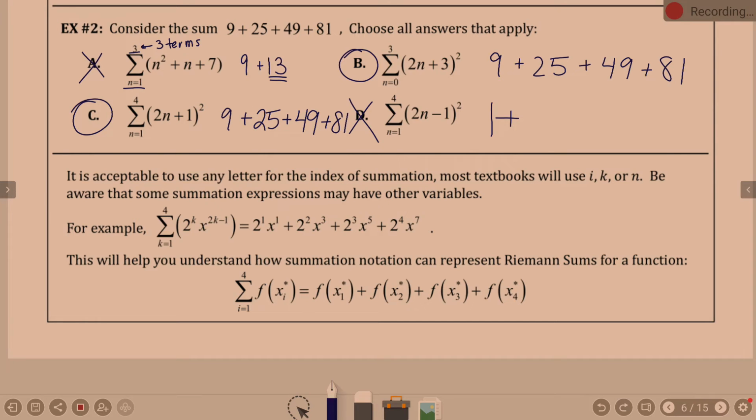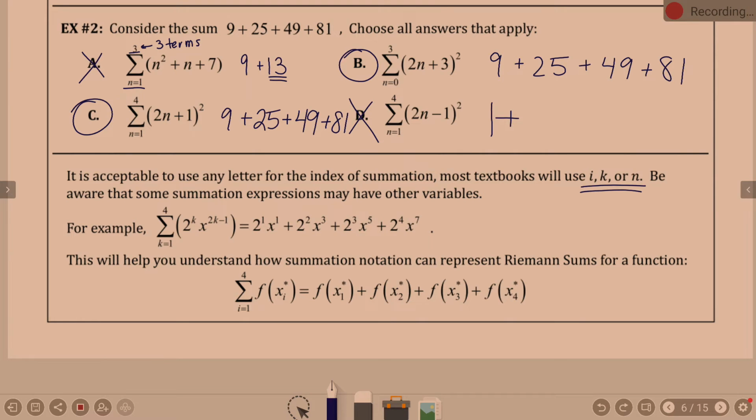Again, I'm just trying to make sure you're familiar with sigma notation. This is important. It is acceptable to use any letter for the index of summation. Most textbooks will use I, K, or N. You're going to see a lot of K's in this lesson. Be aware that some summation expressions may have other variables.